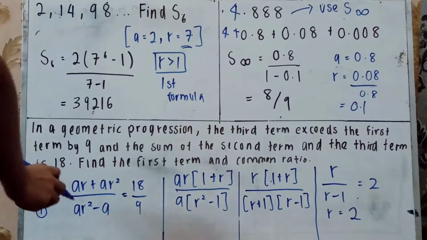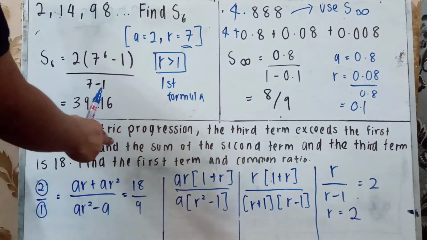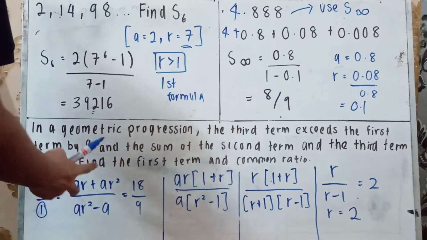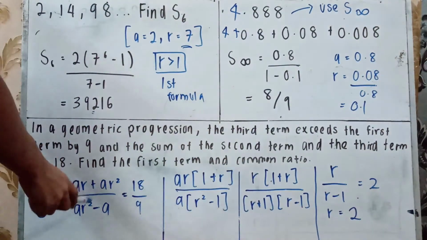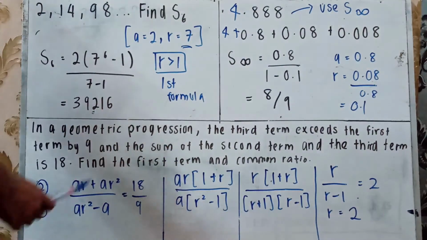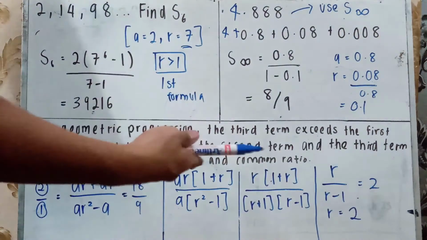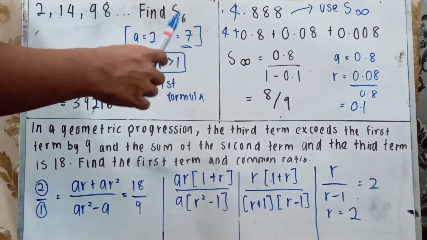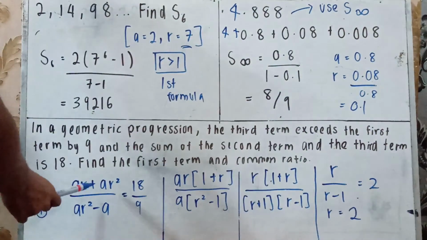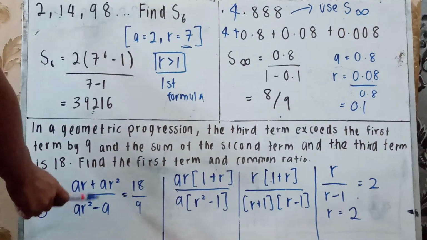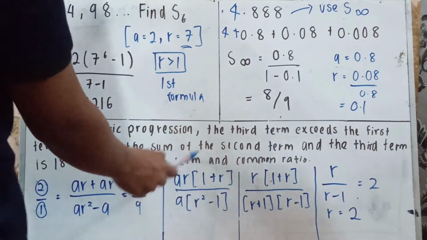Okay, back to the last question. Just now we took the two forms of the geometric progression. That is AR plus AR squared equal to 18 and AR squared minus A equal to 9. In geometric progression, it's easy for us to use division because it is the concept of geometric progression. So we divide the following terms and we will get this.